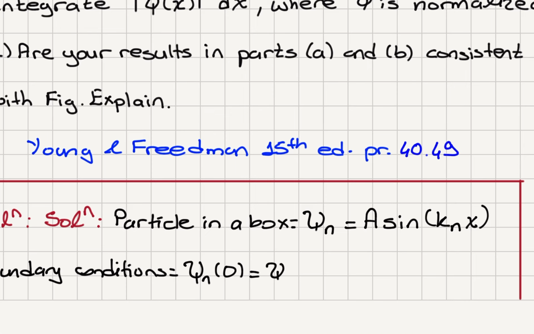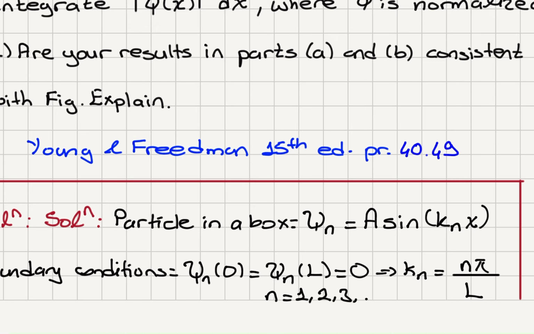Psi n of 0 should equal psi n of capital L, which is equal to 0. And this leads to the quantization of the wave vector k as n pi divided by capital L, where n is an integer: 1, 2, 3, etc.